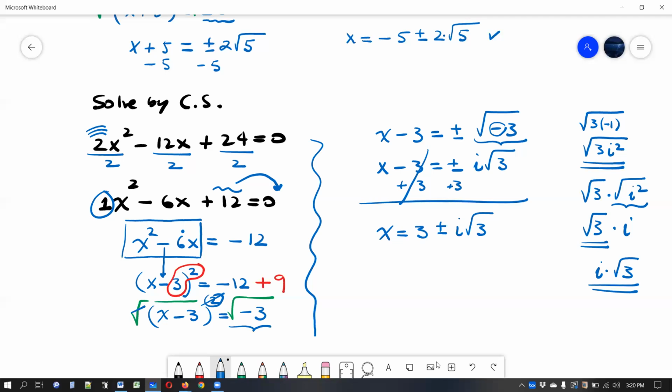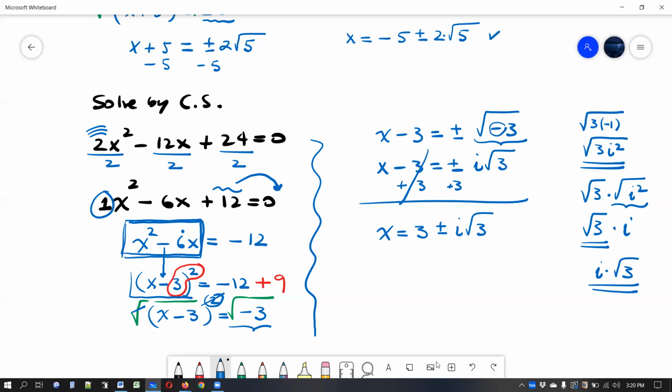You move the number c to the right. You turn x squared minus 6x into this format, x plus or minus k squared, where the k factor is b over 2. You do the adjustment in red.